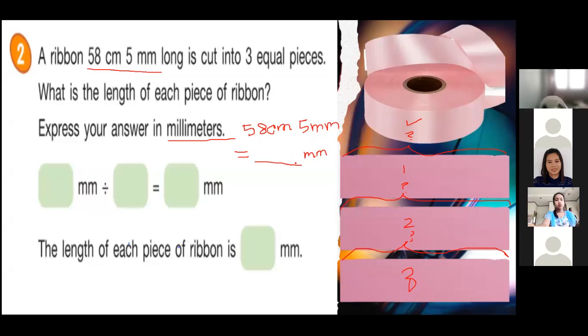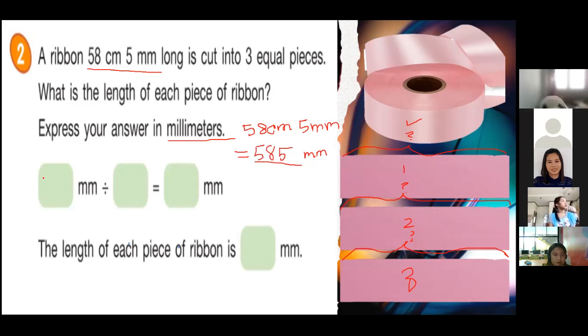585. Okay, very good. So we know already, 585 millimeter.